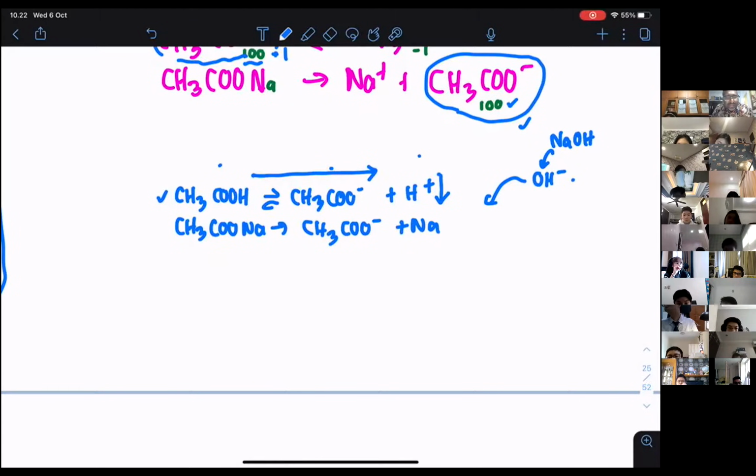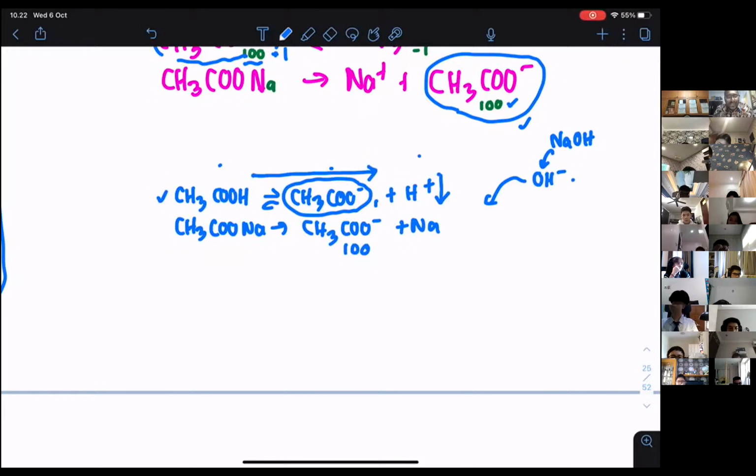So during that reaction, what happens? This one is increasing. By how much? Only 1. But there is going to be 100. The increase of 1 is not going to be significant enough because there is a large reserve of the ethanoate ion from the salt.